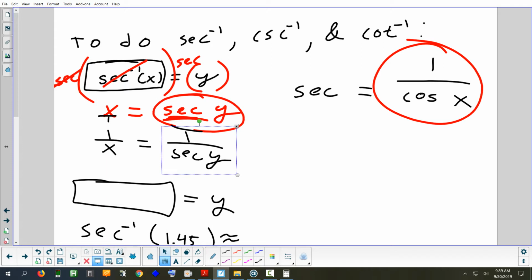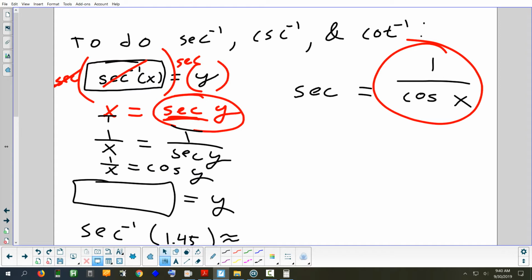And now this is what we learned last week. If you take a trig function and flip it, like the secant, you get the cosine. Right? So this is really just that. If you take the secant and you flip it, that's the cosine. If you take the cosine and flip it, you get the secant. Okay? So if you flip cosine, you get secant. If you flip secant, you get cosine. Now, our last step is to put cosine back on the other side, and we're going to have y by itself.